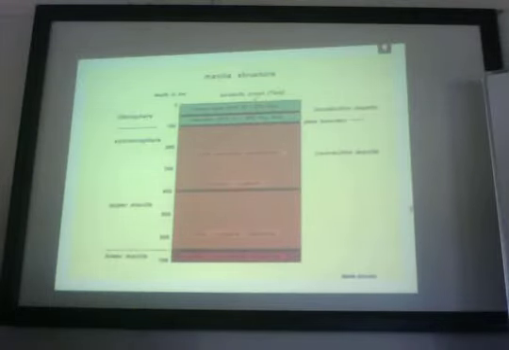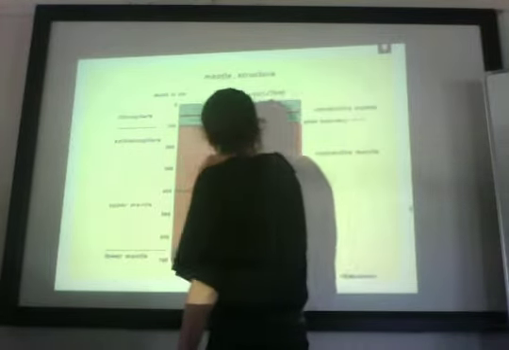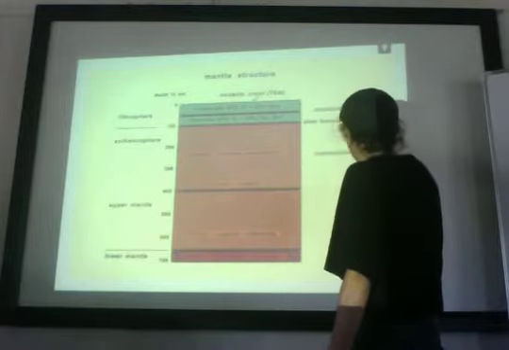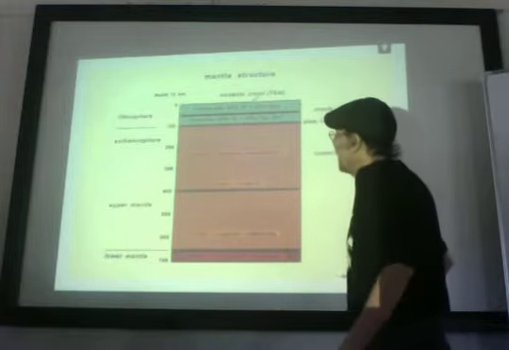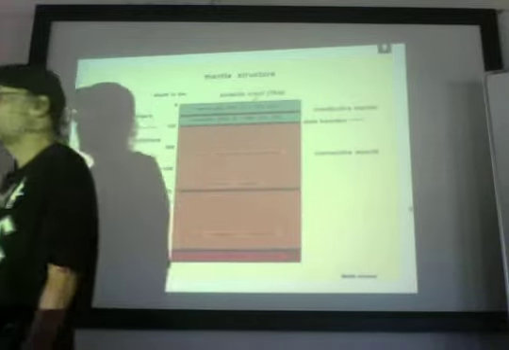So with this, we have the lithosphere here, and the lithosphere is our conductive mantle. The lithosphere has an upper part, and this upper part is made up of rocks which we call harzburgites.